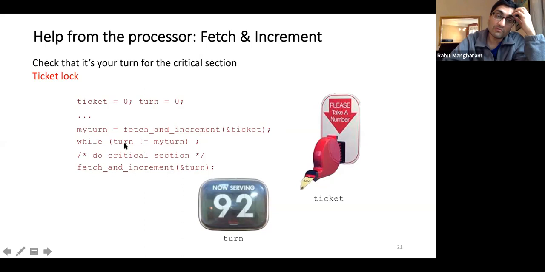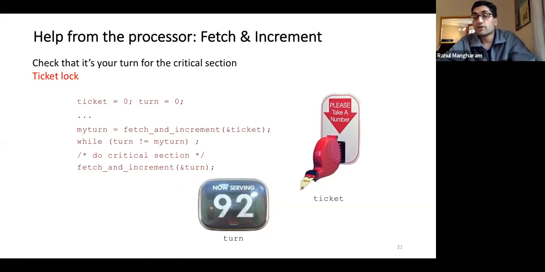And I'm checking what my turn is. And once my turn is done, I just say, look, my turn was 92, 93, I'm done. So now you can set that ticket value to something after that, right? I don't care what the new value is, but I'm just telling you that I'm done. So it's just returning that once the critical section is done.